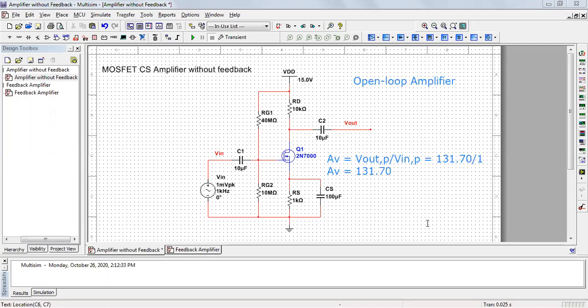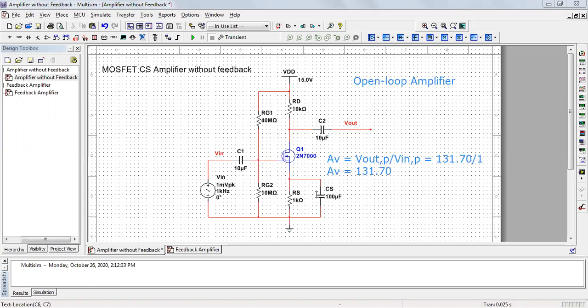Okay, so now what is the problem with using an amplifier in an open loop configuration? Obviously, in very few applications we use an amplifier in an open loop configuration.